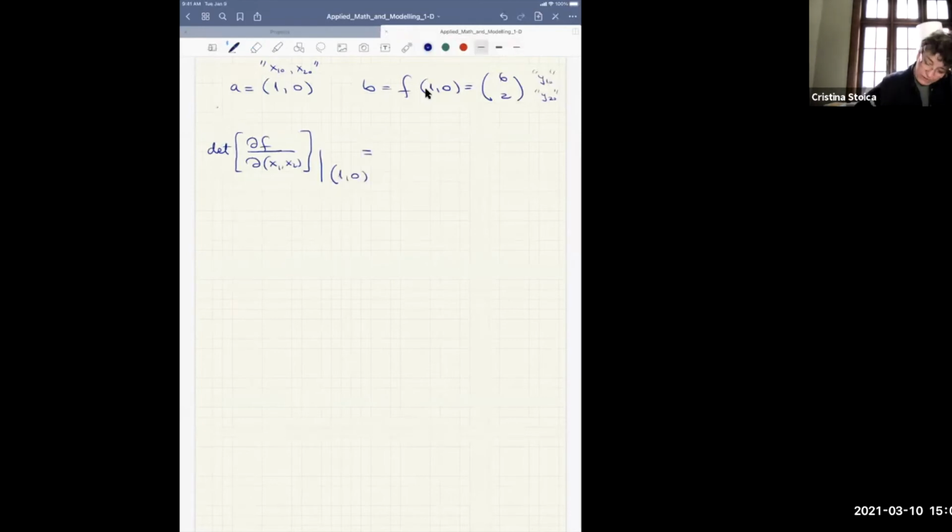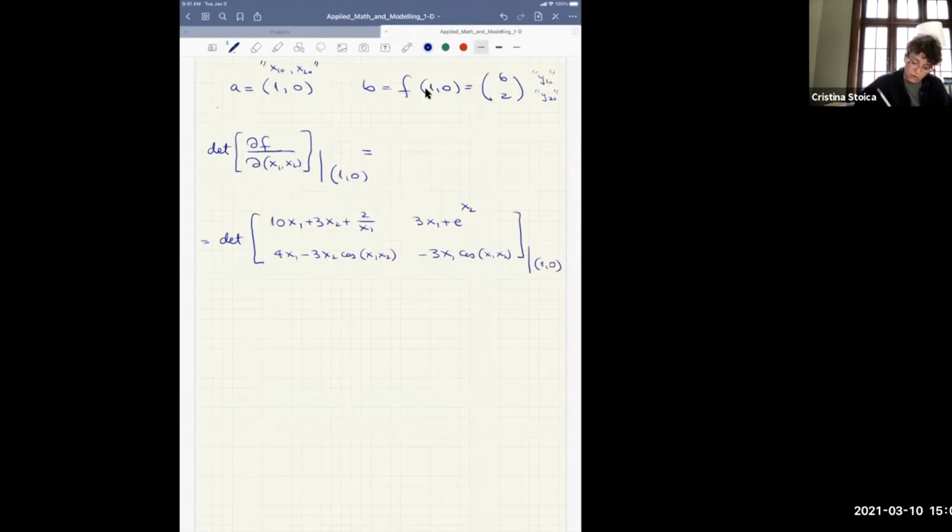When we calculate the derivative, the partials, up and down with respect to x1 and with respect to x2, we get the determinant of: 10x1 + 3x2 + 2/x1, 3x1 + e^(x2), and then 4x1 − 3x2 cos(x1x2), −3x1 cos(x1x2). Then we do it at (1, 0), so we end up with the determinant of 12, 4, 3, −3, and this is non-zero.